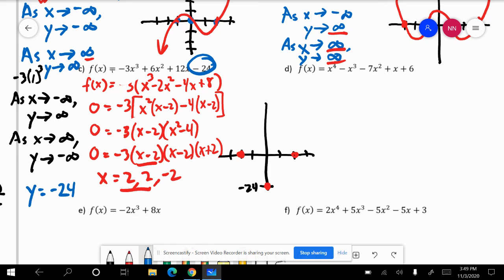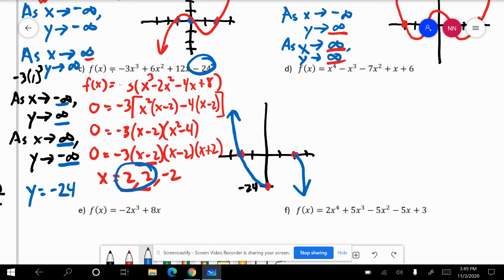When I'm looking at my end behavior, when it goes to the left, it goes up. So left is up. When it goes to the right, it goes down. So right is down. Now, when there's 2 of these, the graph does something a little bit different than the previous 2. It doesn't go through the point, it only touches the point, meaning that we have the graph going through negative 2.